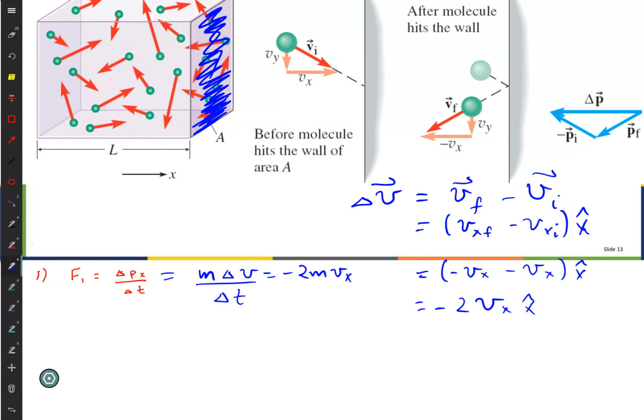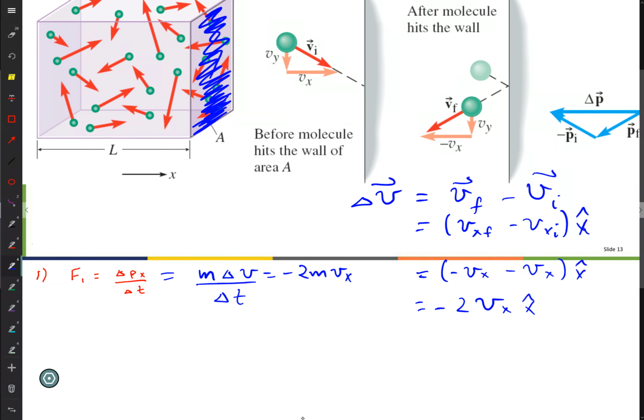And so I have to calculate the time it's going to take the molecule to bounce to one side of the container and back. So we're going in the direction parallel to x. What's the length of the container parallel to x? According to my picture, that's L. So if it goes across and back, that means it's traveled a distance of 2L.